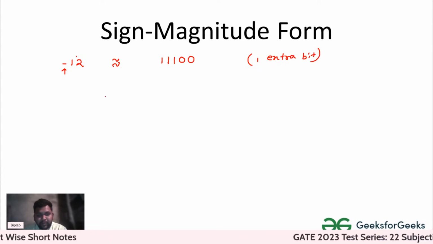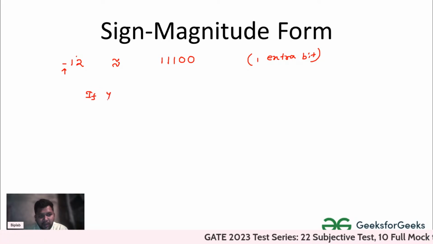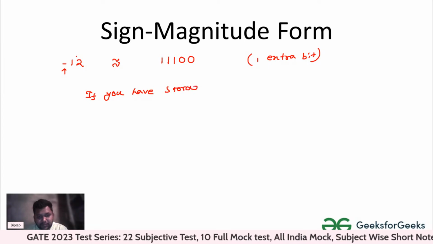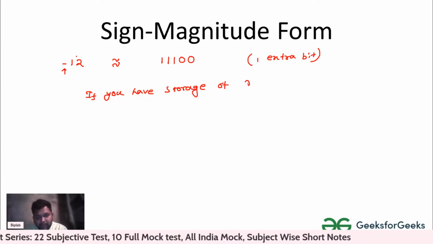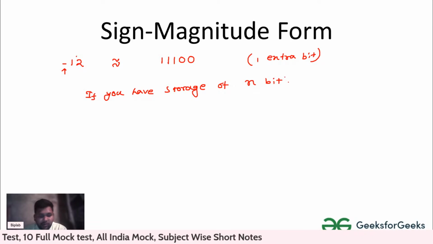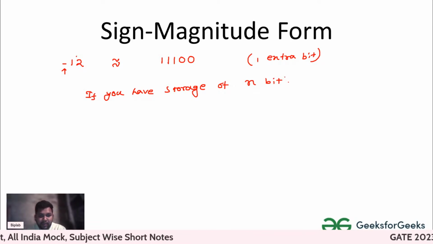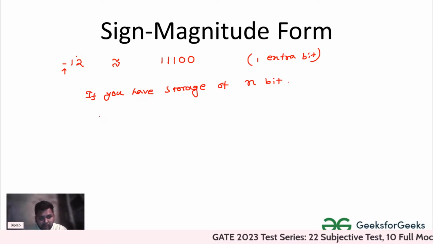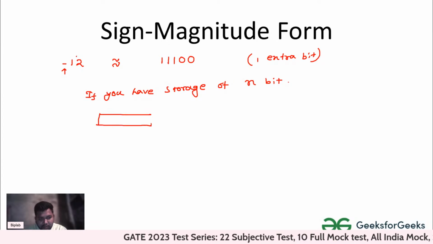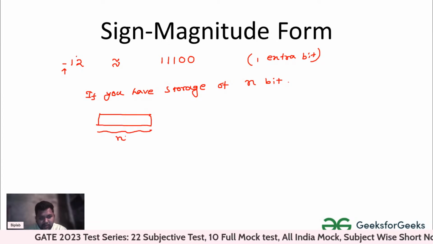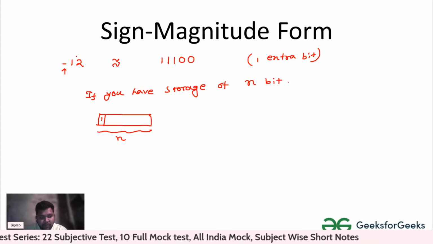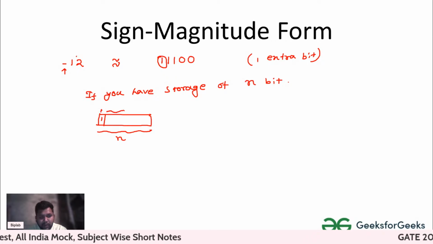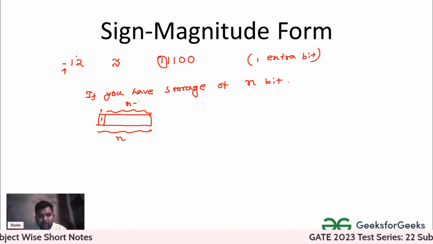So if you have storage of n bits, what can be the minimum and maximum value? Imagine you have a total of n bits; one bit you have to give for the sign, and you are left with n minus 1 bits.